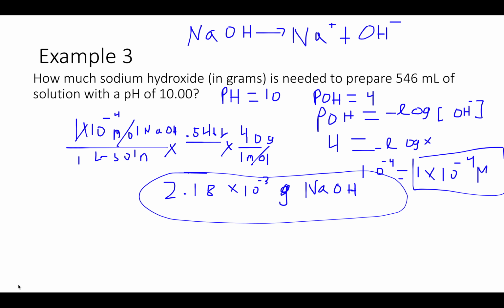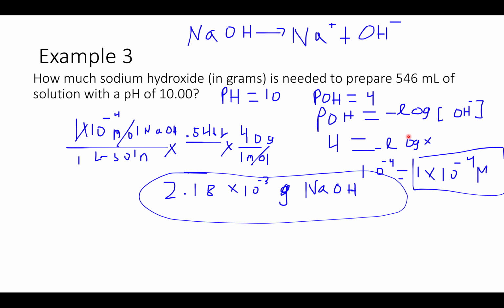So to recap, we took the dissociation of sodium hydroxide, a strong base, into sodium ions and hydroxide ions. We were given the pH, so we wanted to find the pOH, since the OH concentration is contributing to the pH. So the pOH equals the negative log of the hydroxide ion concentration. We knew the pH, we needed the hydroxide ion concentration.